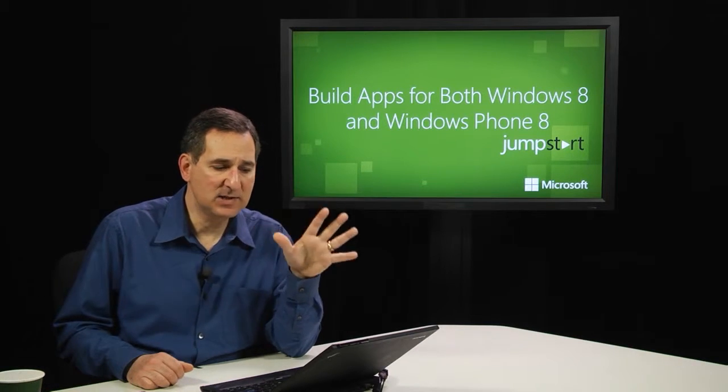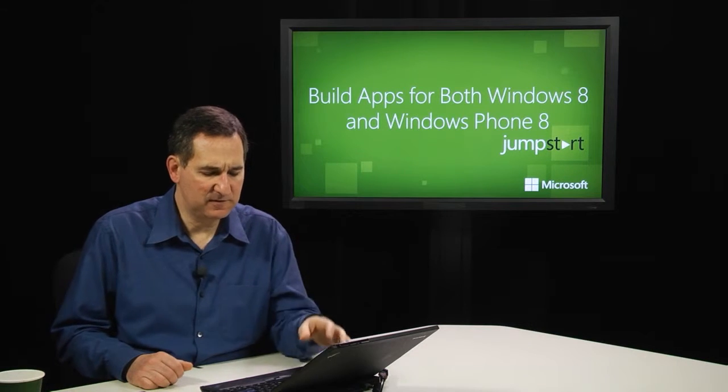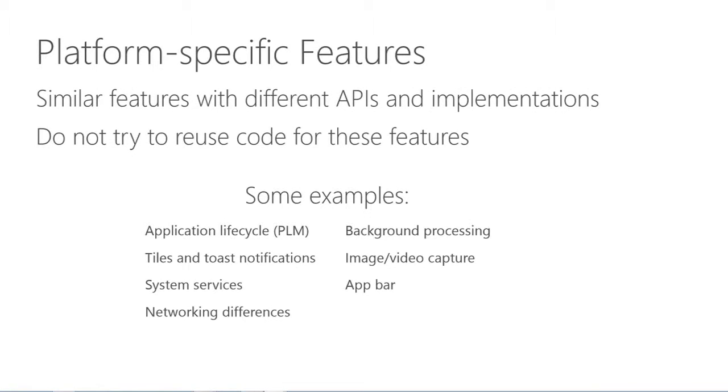Before I got into that, I did want to talk about some of the platform-specific features, because if you look at it visually or optically, both of the platforms do them, and so you may think that, well, if I have application lifecycle management that's happening on Windows Phone and Windows 8, then I would expect that they're both the same.